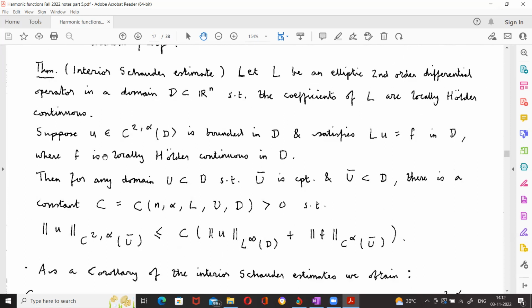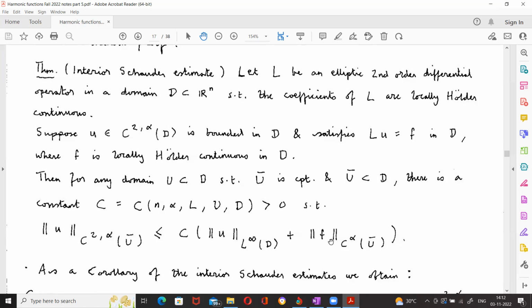So recall what the interior Schauder estimate said. If u is C^{2,α} in D and Lu is equal to f in D, where f is locally Hölder continuous, then for any compact subdomain U of D, with U closure in D, we have that the C^{2,α} norm on U closure of the function u is bounded by a constant C times the sup norm of u on D plus the C^α norm on U closure of f.